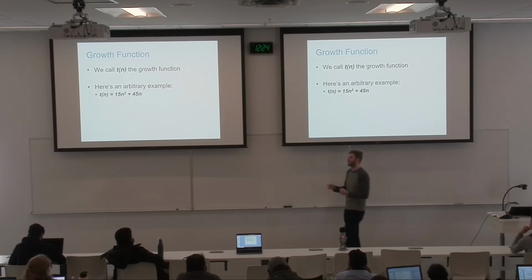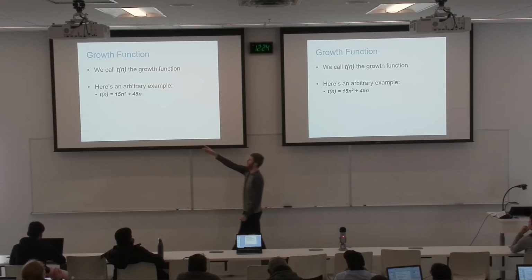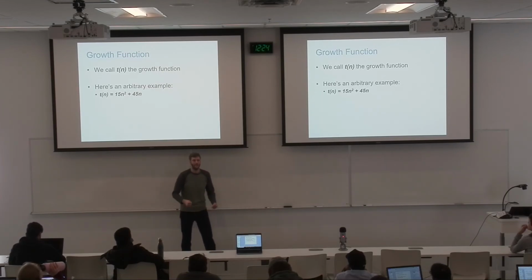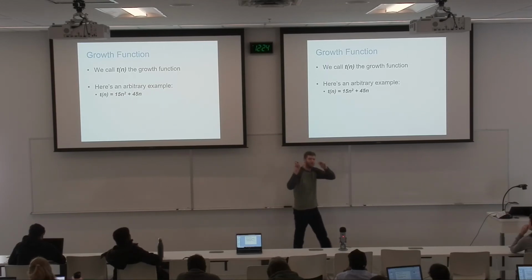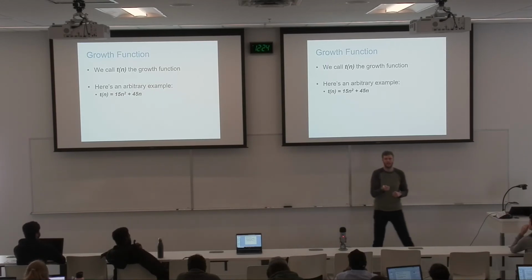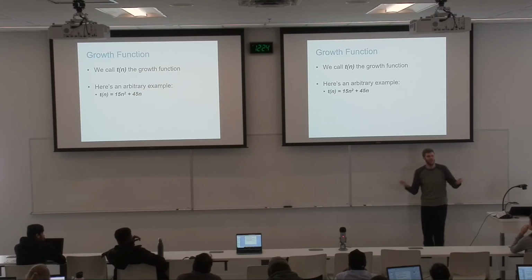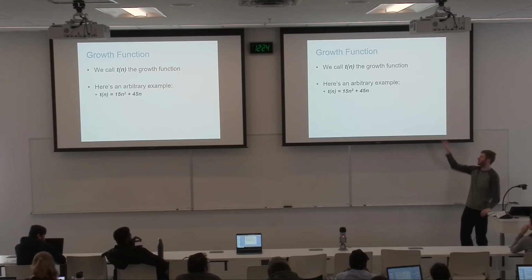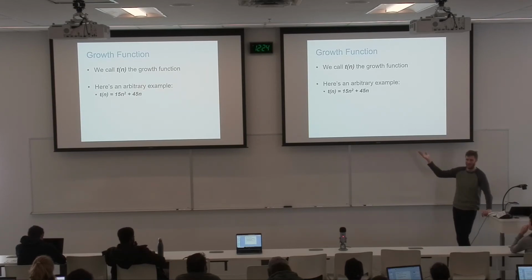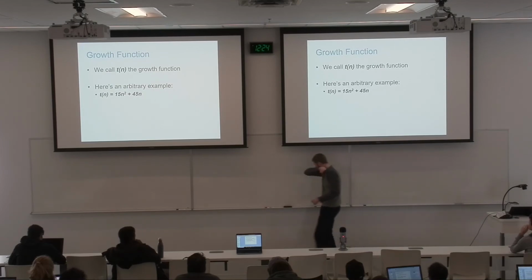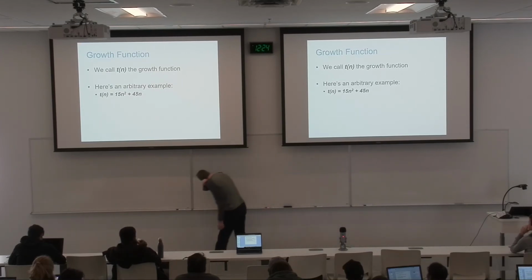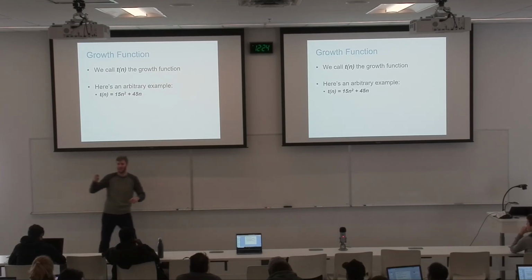If I have an input size of 10, I just plug in those numbers, and t of n tells me how much time or units of computation it's going to take. If I give you 10, this gives you a number, but if I give you 20, it gives you a bigger number, right? As n grows, so does the amount of time required.